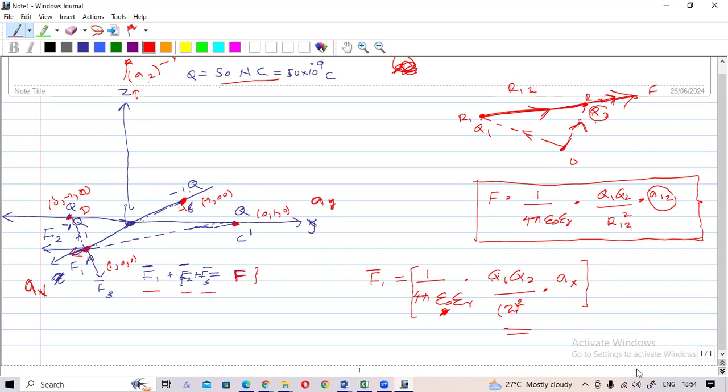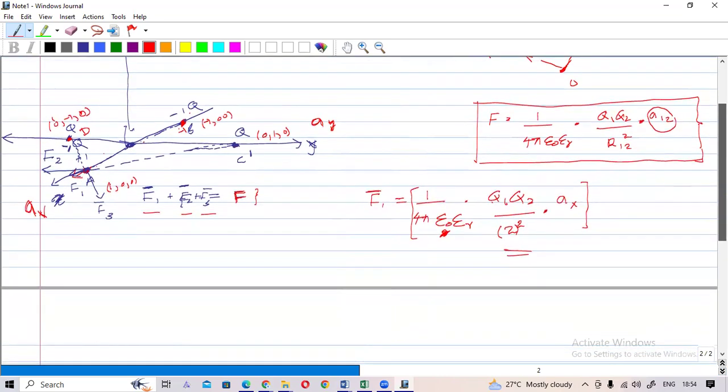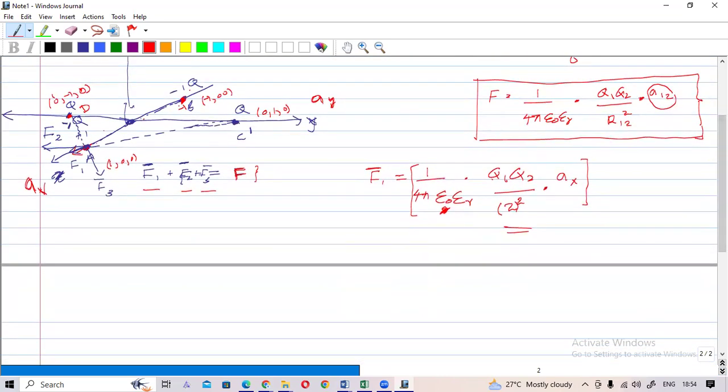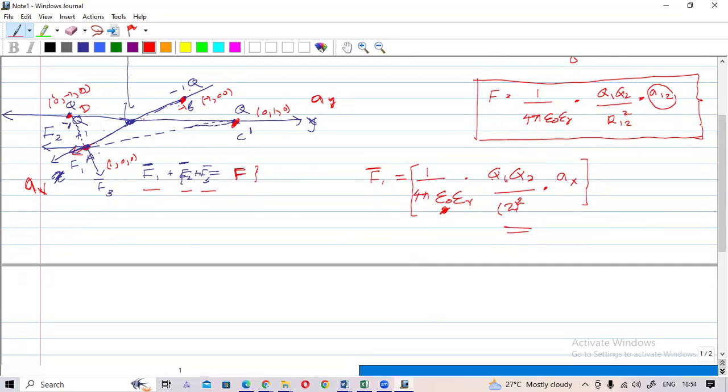Then we will try to find another force. So we will consider this charge C. Due to charge C, there is a force on this charge, no?